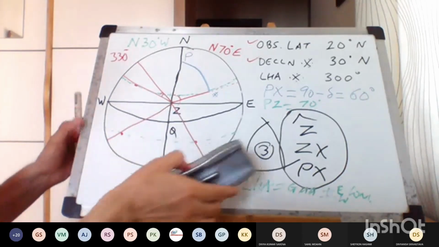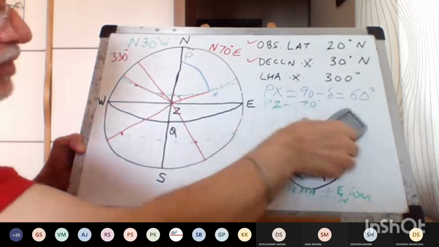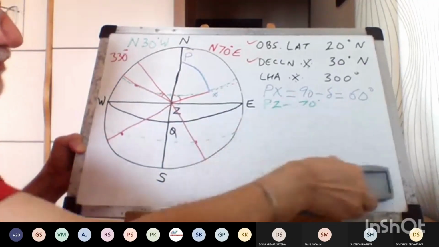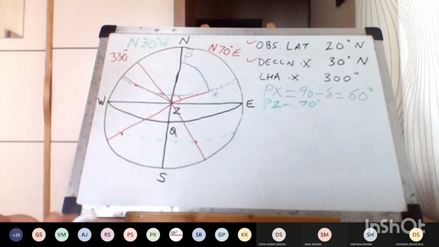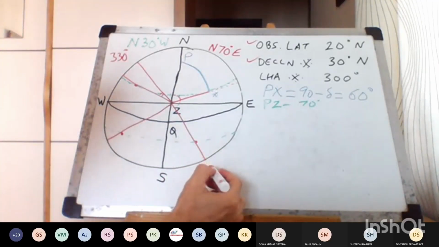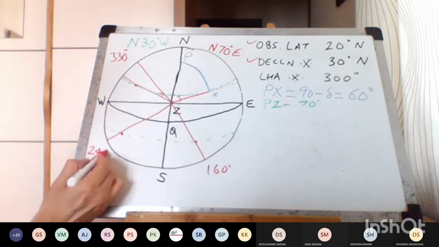When you take out compass error, you get the bearing of the body, but when you are naming it, you are able to figure out. So let us say the bearing of this body is 160 degrees and the bearing of this body is 240 degrees.